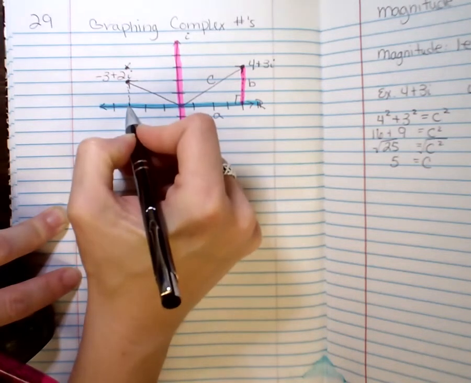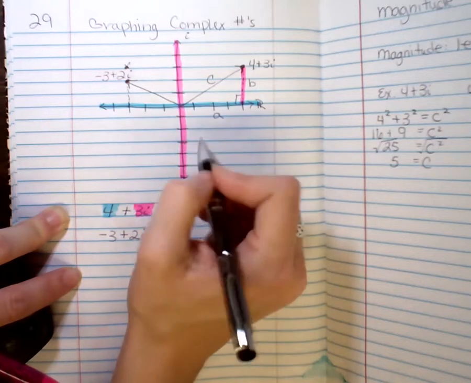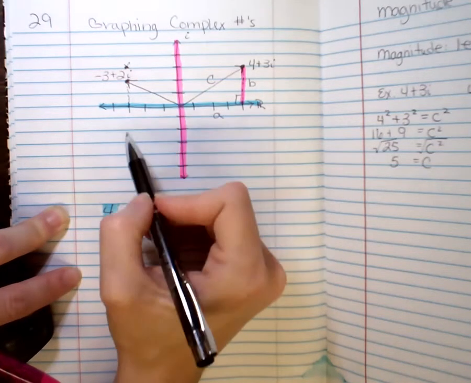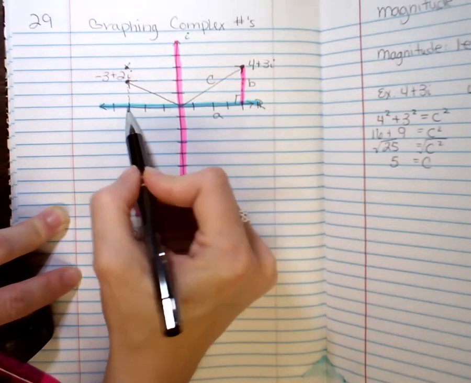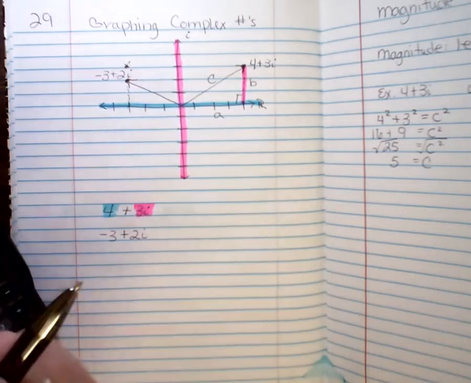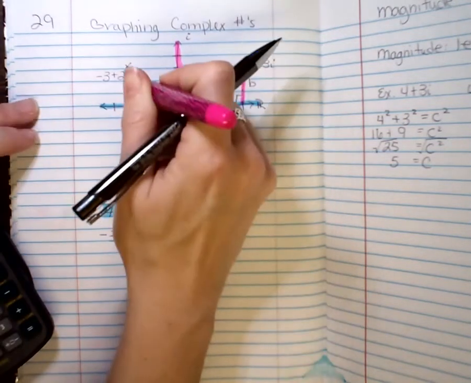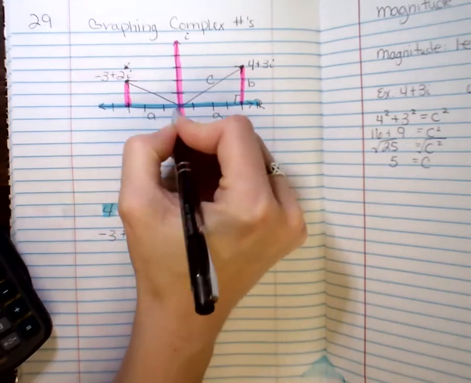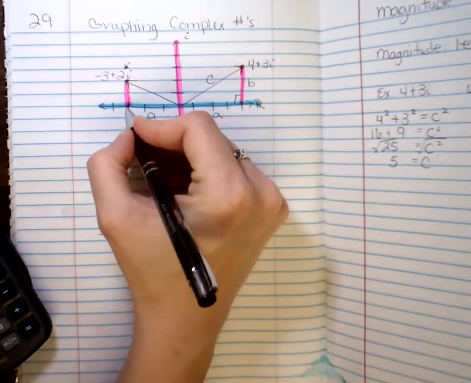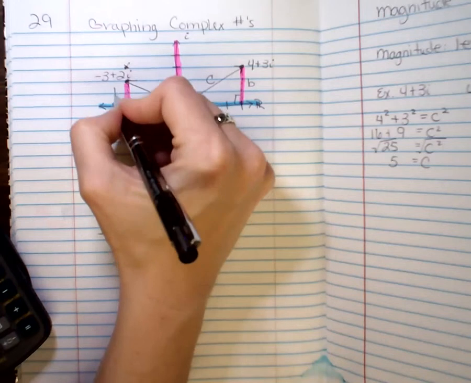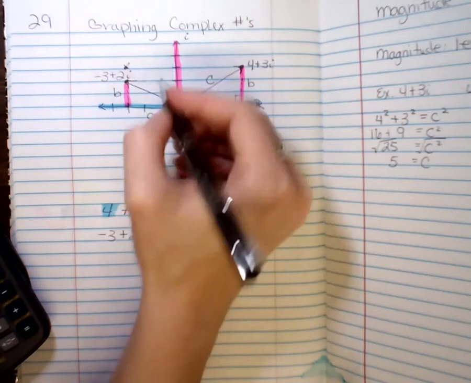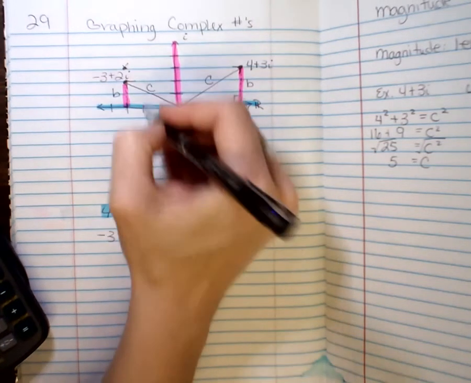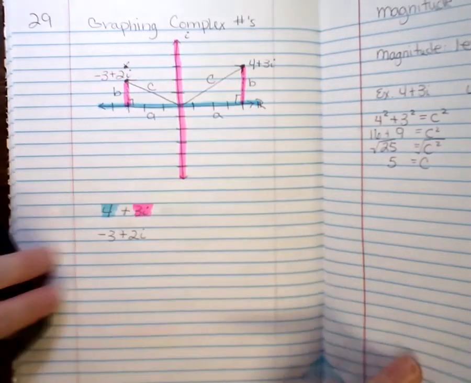So no matter where you are on the graph, you're always going to draw your vertical line to the x-axis. So again, a is the real part of our complex number, and b is the imaginary part of our complex number, and we are looking for the hypotenuse, or c.